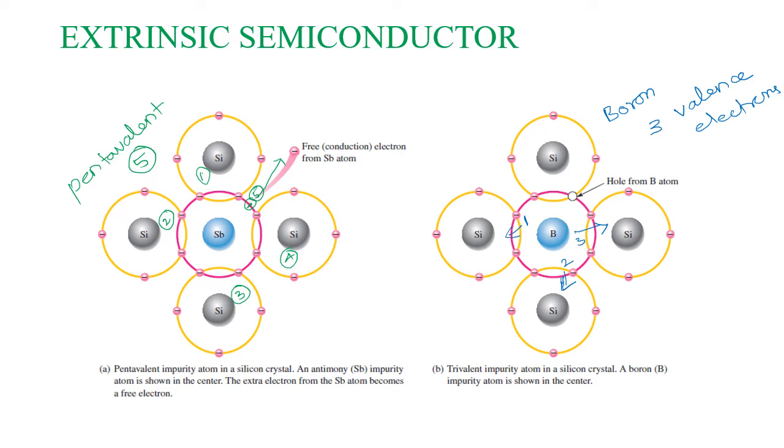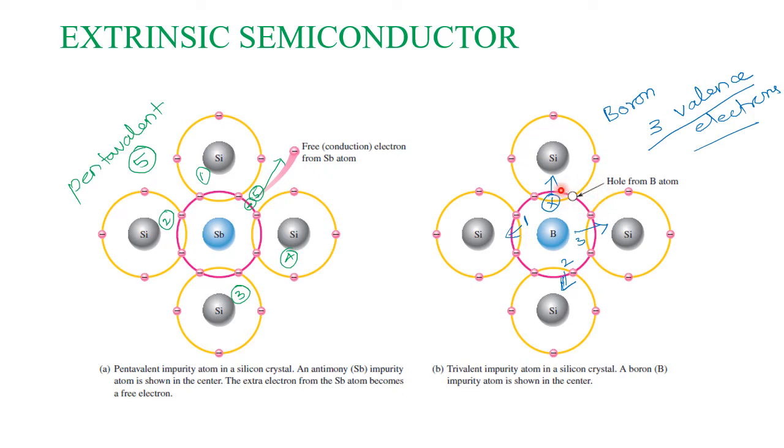But since it is having only 3 valence electrons, it doesn't have anything to share with this silicon atom. So it cannot share anything with the silicon atom, and therefore there is a hole here. And hence it is called an extrinsic semiconductor.